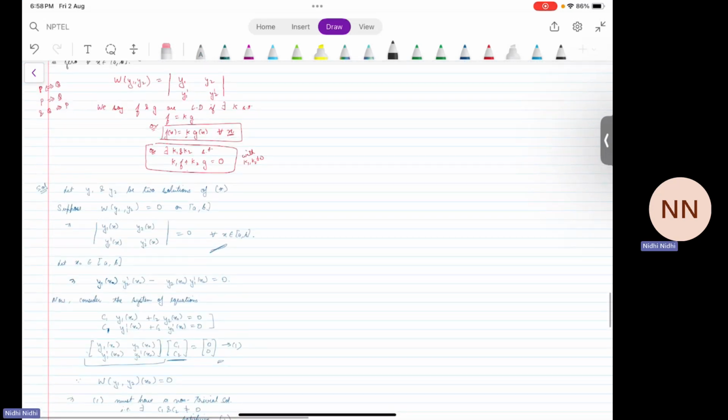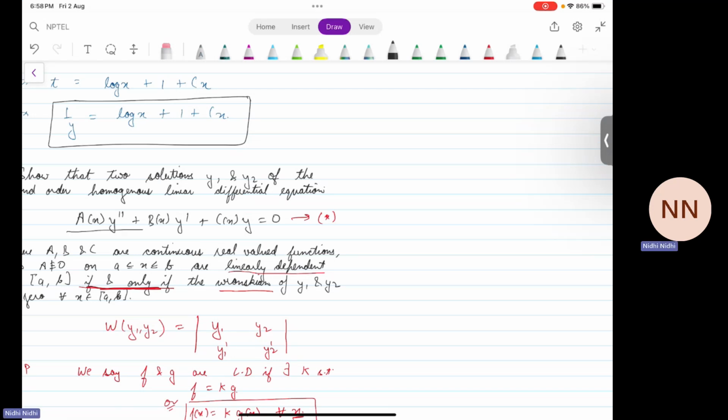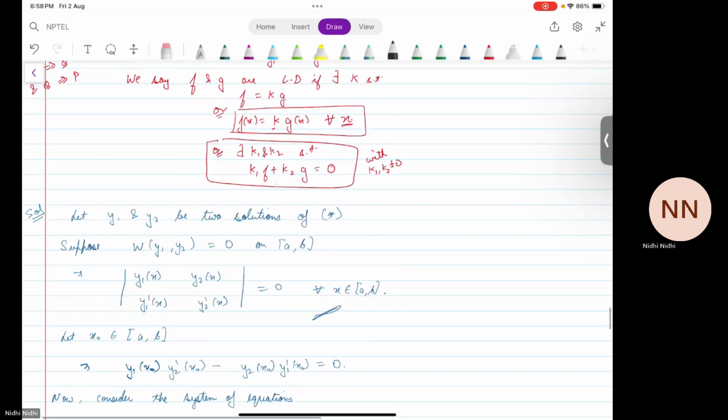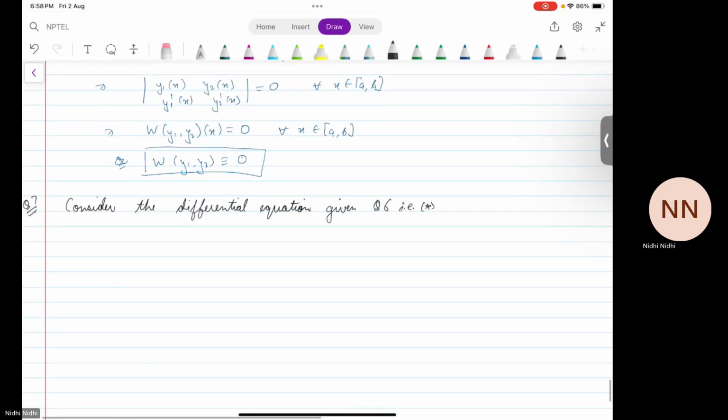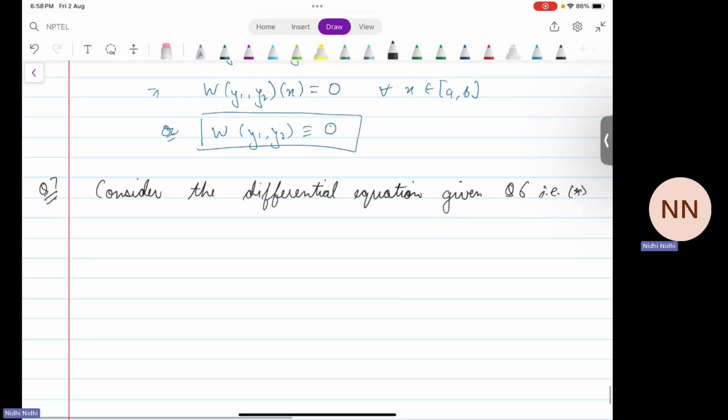What was star? Star was a(x)y'' plus b(x)y' plus c(x)y equals 0, a general second order homogeneous linear differential equation.